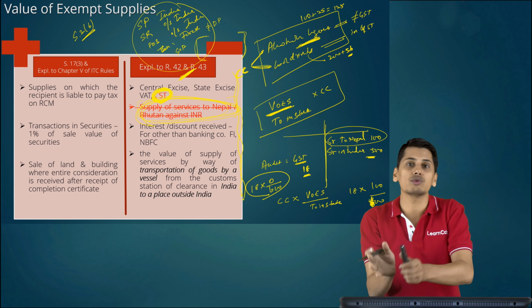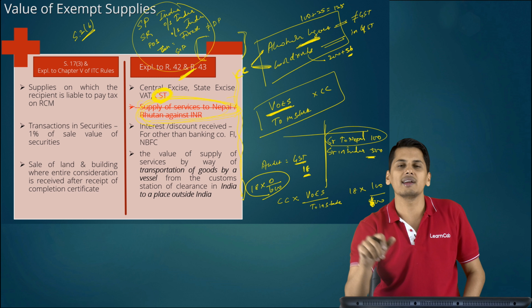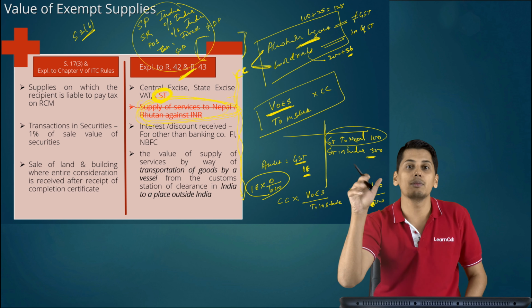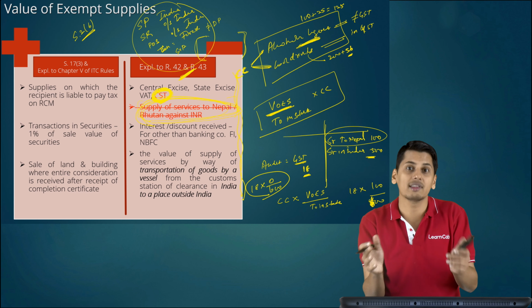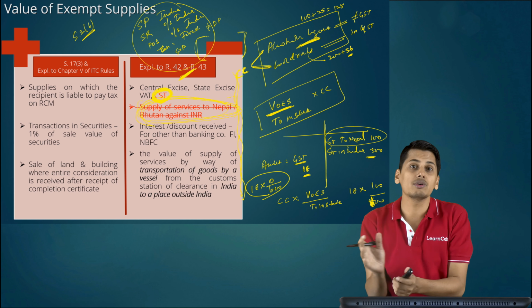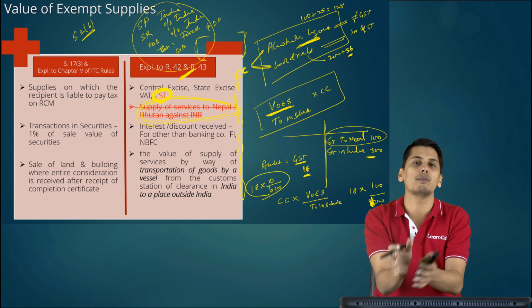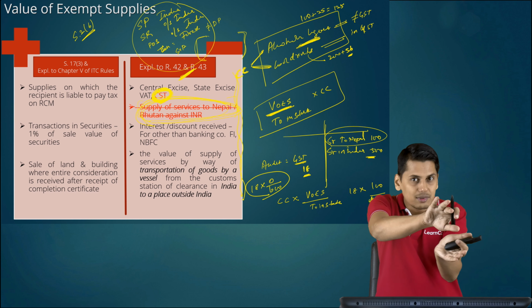But now, encouragement was only on the output side. The moment you exempt it, all your credit becomes common credit. Addition to output tax liability gets warranted. So therefore, the government encouraged not only from the output tax liability side, but also from the point of view of input tax side, wherein effectively when you work out the formula in common credit, from the value of exempt supply they removed it.